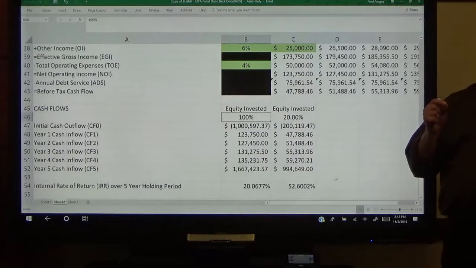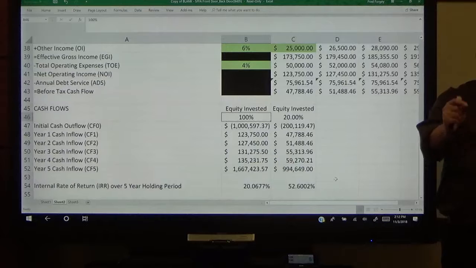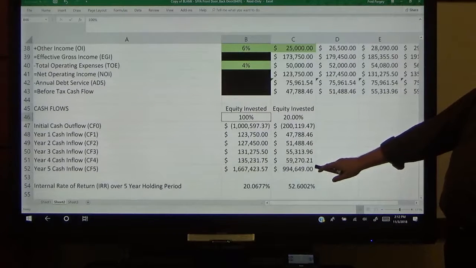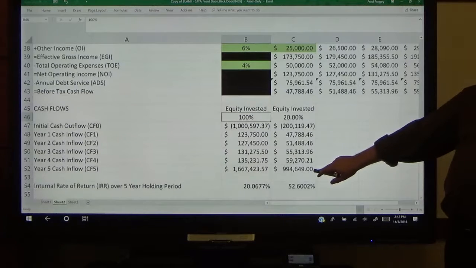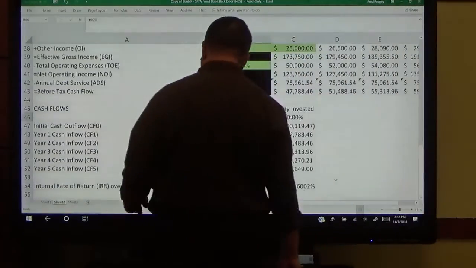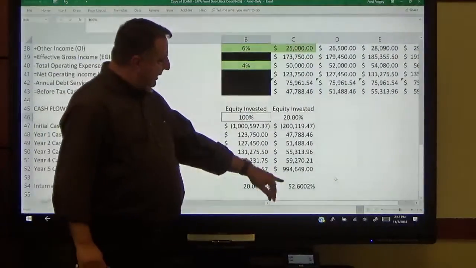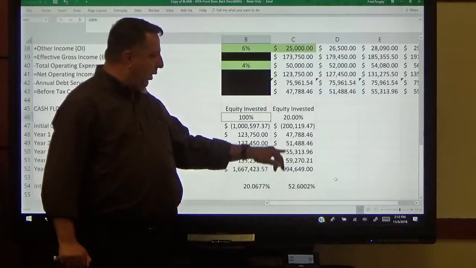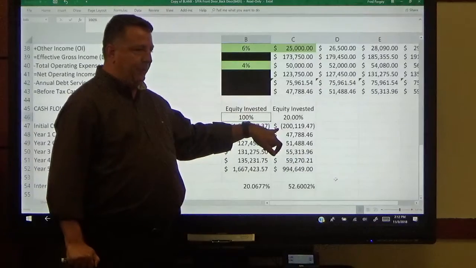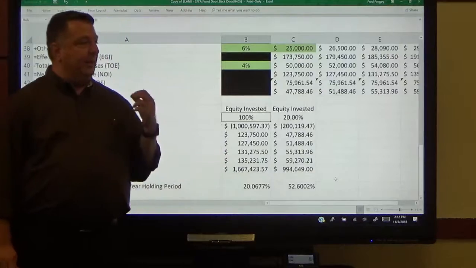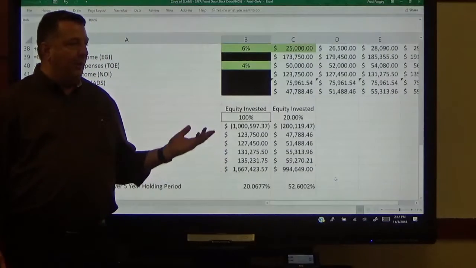You're going to have the reversion price, subtract out the mortgage balance, and then whatever's left over, along with that final operating cash flow, will be this 994,649. Okay? Once you've done that, then we can calculate a before-tax internal rate of return on your original investment of the 200,000 off of these cash flows, and you're getting more than double the rate of return.